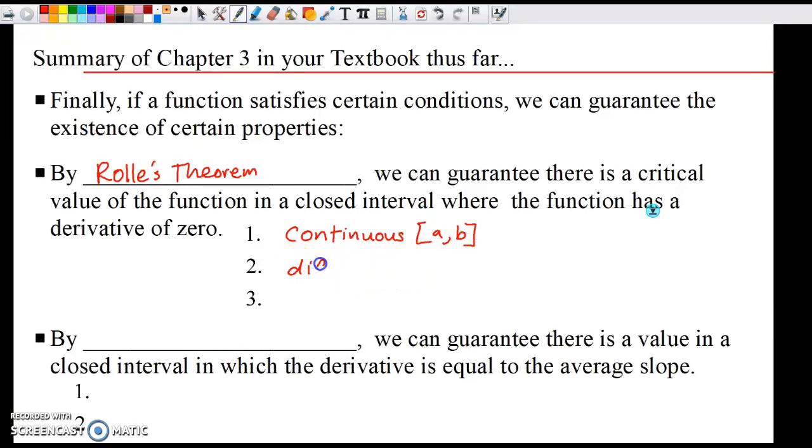It has to be differentiable, which means you can take the derivative, on the open interval a to b. And finally, f of a has to equal f of b. If all those are true, then there must be a critical value where the function has a derivative of 0.